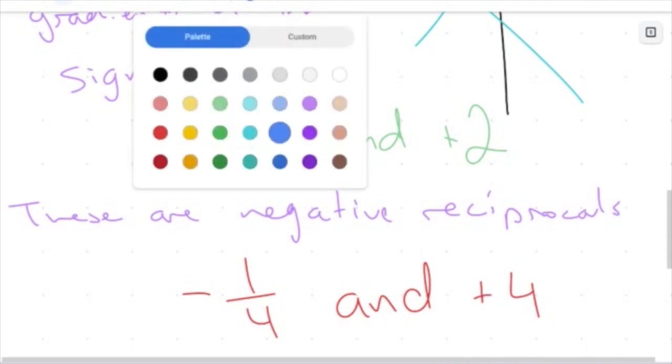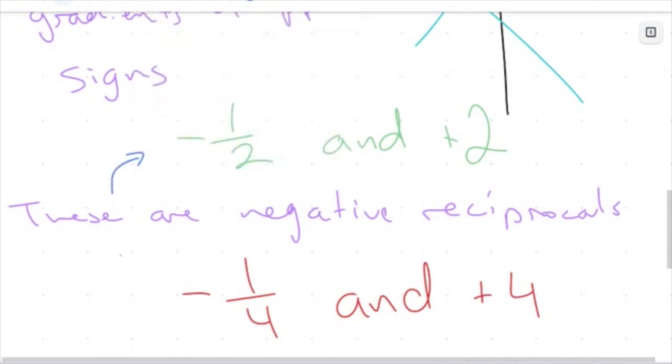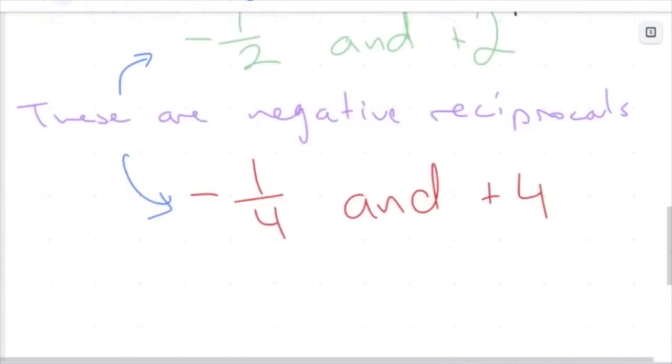These are also negative reciprocals. And these always end up being perpendicular lines to one another. So we can think of a line perpendicular to another when their gradients, that's an important thing to note here, we're only talking about their gradients, when their gradients are negative reciprocals of one another.